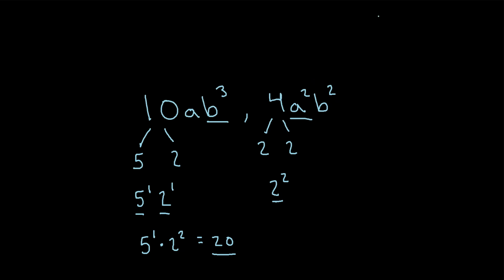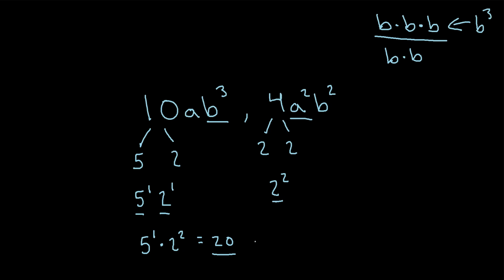And if you want to think about that, b cubed is really just b times b times b. And b squared is just b times b. So we can see that the least common multiple between these two would have to be this first term because the b times the b can go into it. And the b times the b times b can just go into itself. So the least common multiple between them is just this b cubed right here.